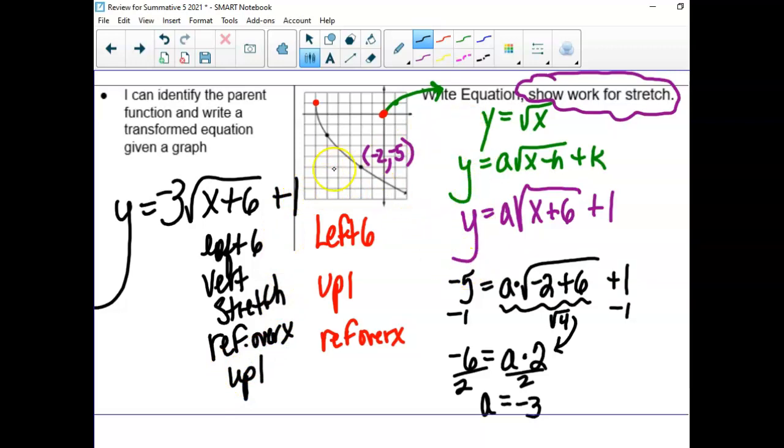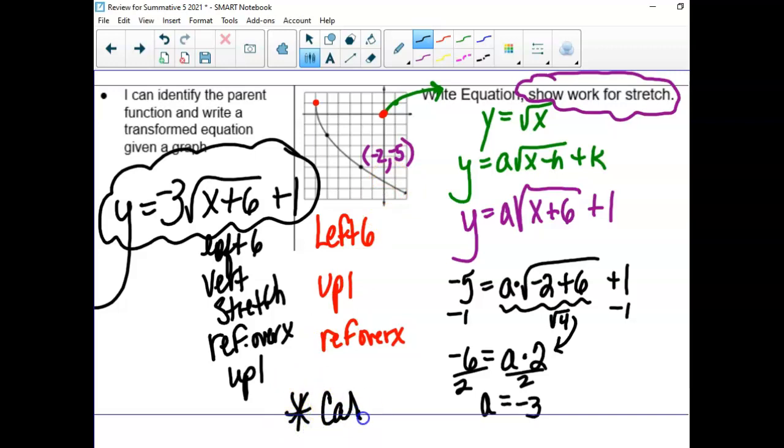It does match. Can you type this in your calculator and it should look exactly like this? Okay, so this is a check on your calculator. Everybody know what I'm talking about? Type it in. Make sure it's going through those ordered pairs.